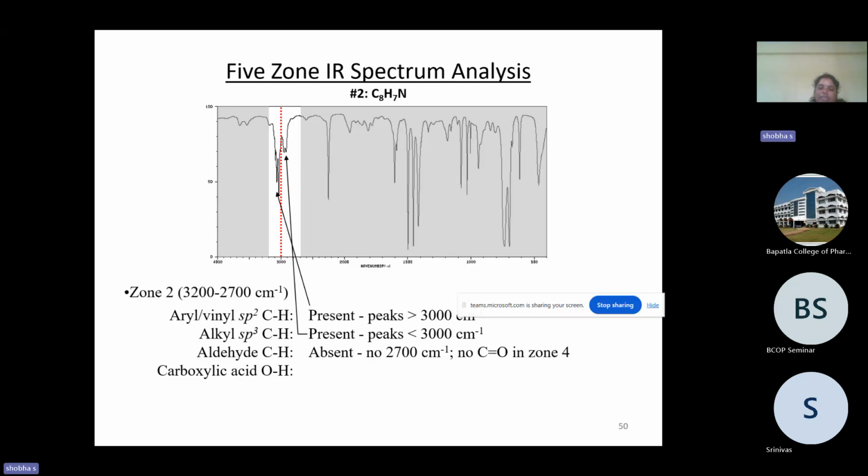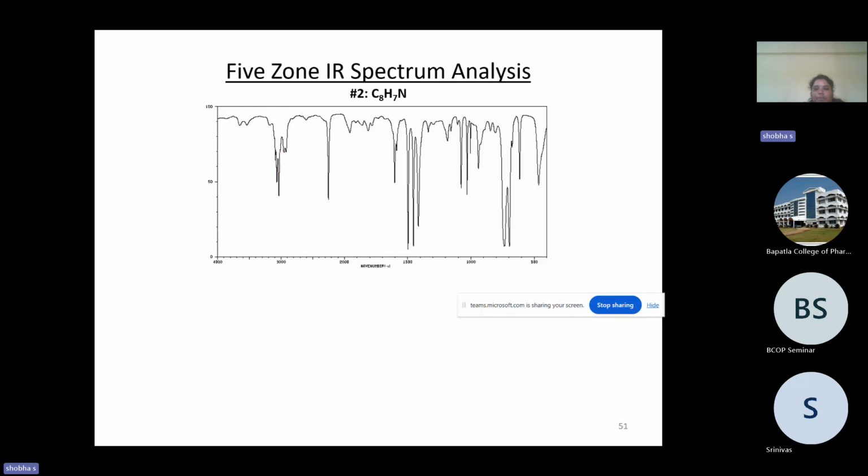And also we are not having any sharp peak in the region of the 4th zone. And in the carboxylic acid also, there is not a sharp and broader peak. So from zone 3, there may be a chance. Why?